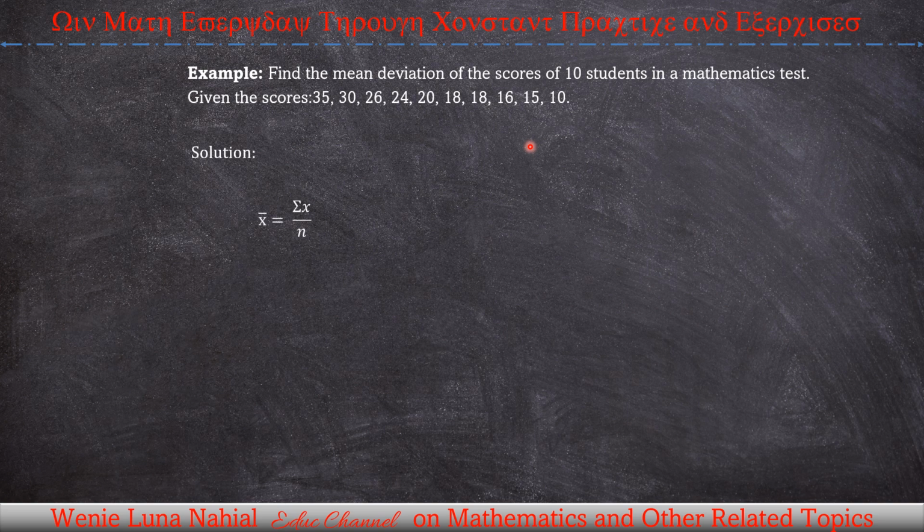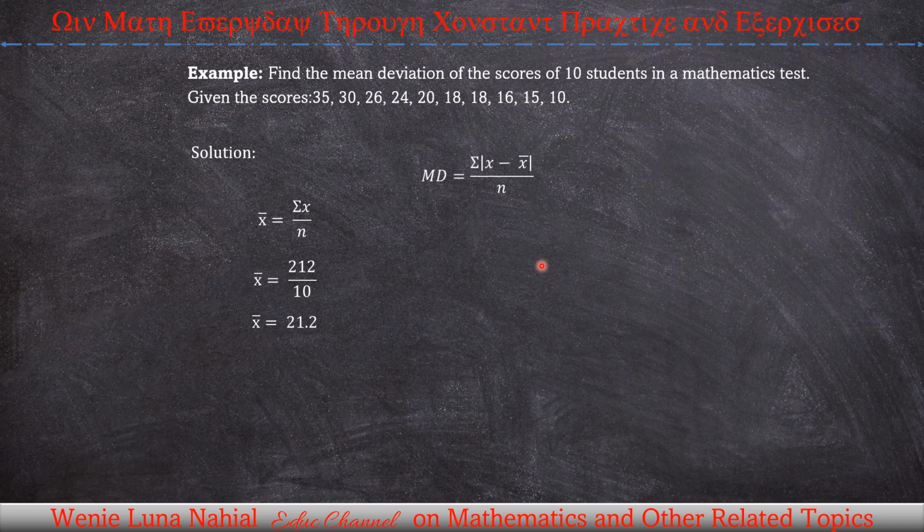So in our solution, we have to get the summation of all the scores, then divide it by 10. So the sum of the test scores is 212 divided by 10, so you get 21.2. That's the mean. So this mean will be subtracted from each of the test scores.